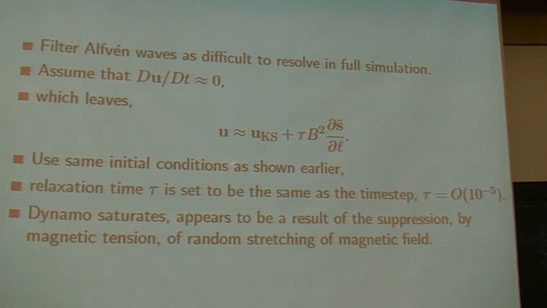So we've got u equal to U_KS plus some relaxation term here, tau, times B squared times the local curvature. And we've got a very small value for this tau, but B initial is set to be 1, and so B becomes quite large, and the dynamo saturates when this term becomes roughly comparable with U_KS.